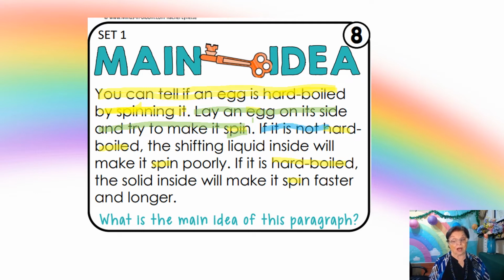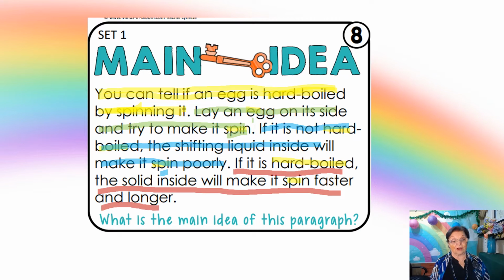If it is not hard-boiled, the shifting liquid inside will make it spin poorly. I see the word spin again. Let's see if we can find another detail. If it is hard-boiled, the solid inside will make it spin faster and longer.